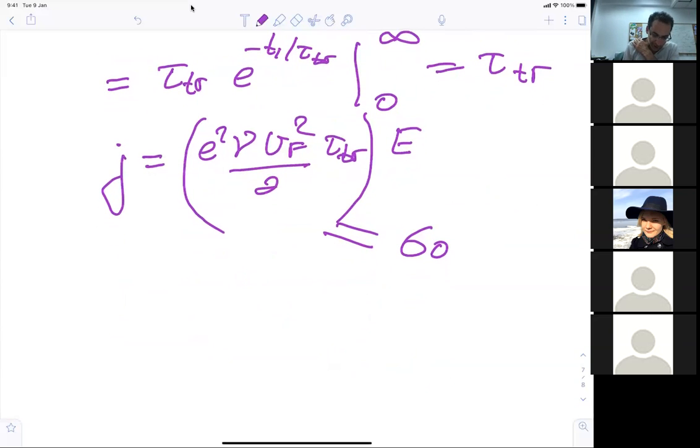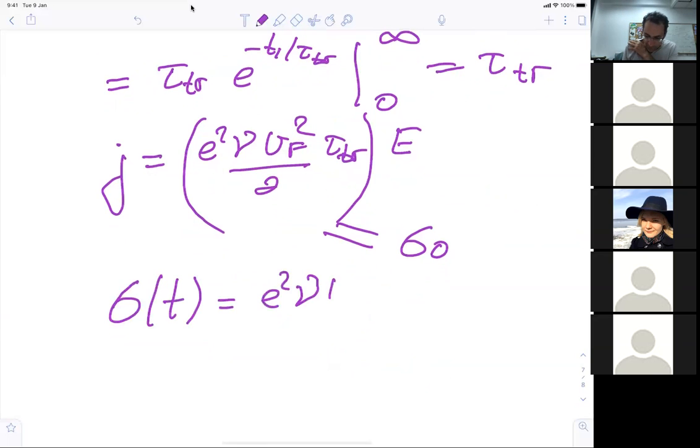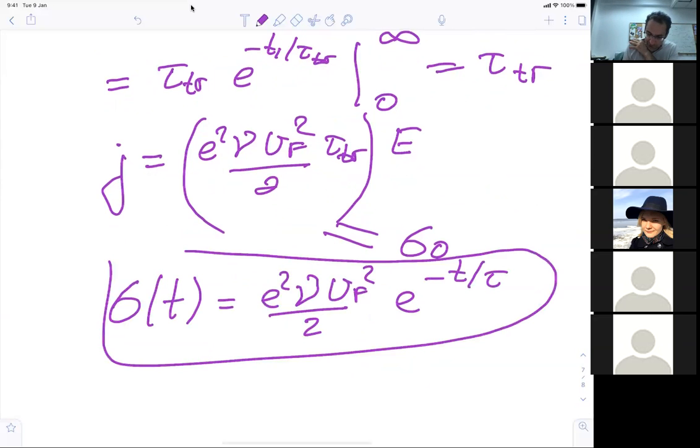Just in the time domain, and we see that in the case of a time-dependent electric field, conductivity is a time-dependent function, which looks like E square nu V Fermi square over 2 times e to the power minus t over tau. That's the time-dependent response.